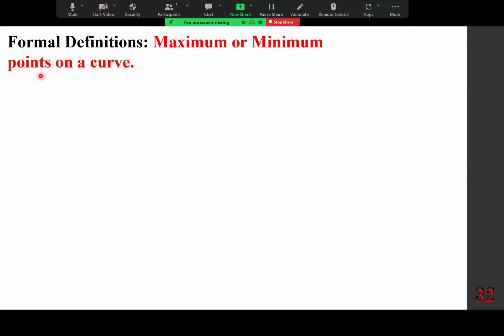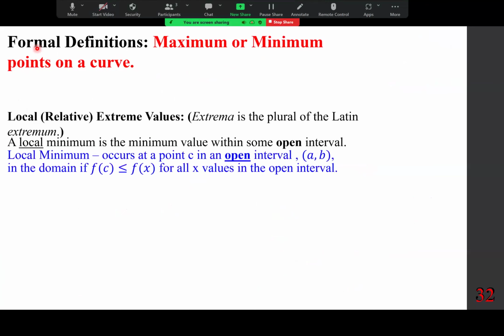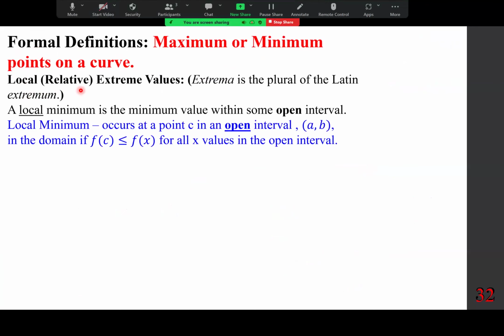Maximum or minimum points on a curve. Here's the formal definition. Local, also known as relative, extreme values. Extrema is the plural of the Latin extremum. A local minimum is the minimum value within some open interval. A local minimum occurs at the point c in an open interval a to b in the domain if f of c is less than or equal to f of x for all x values in the open interval.